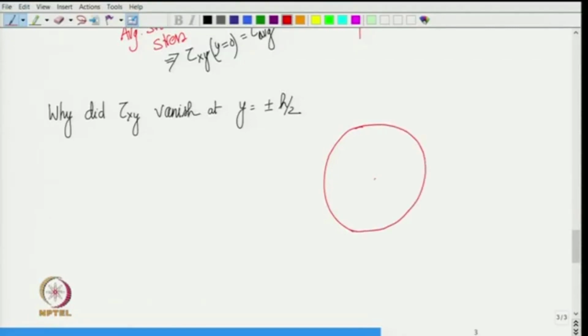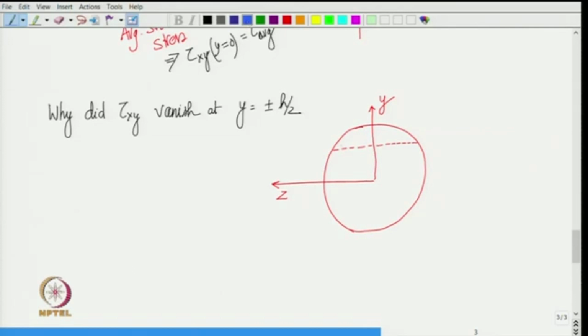So, here is the centroid. We have the y axis and then the z axis, and think of a line with y equal to constant. As per our approximation, tau x y should be constant all along this line, right?